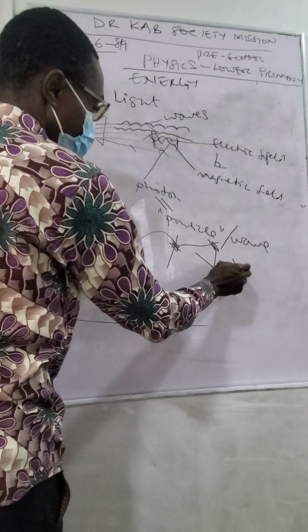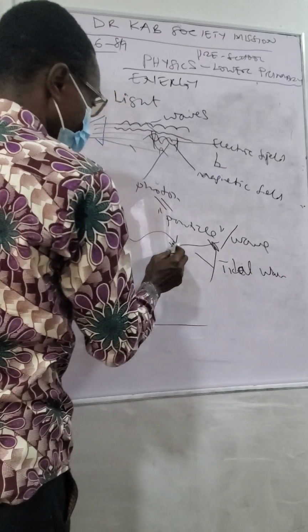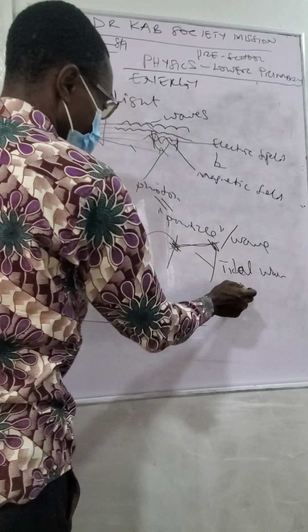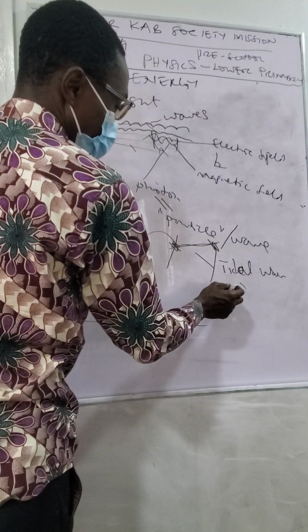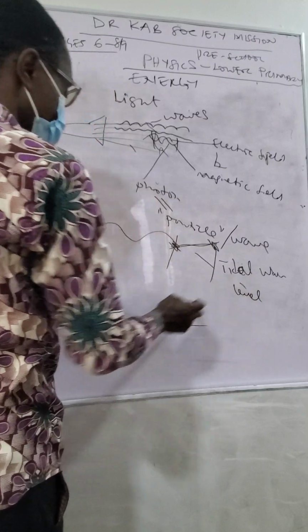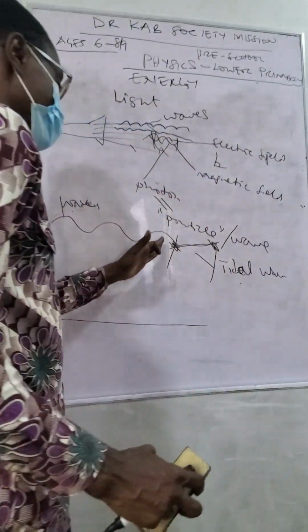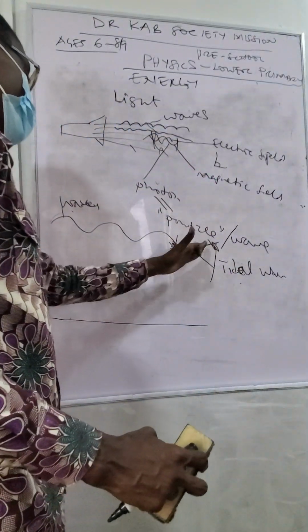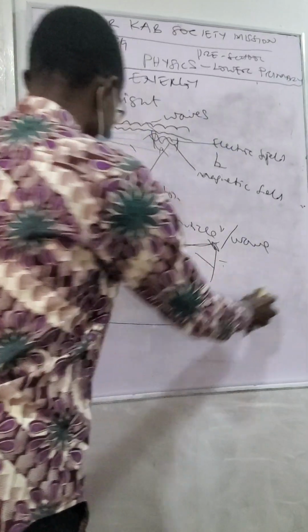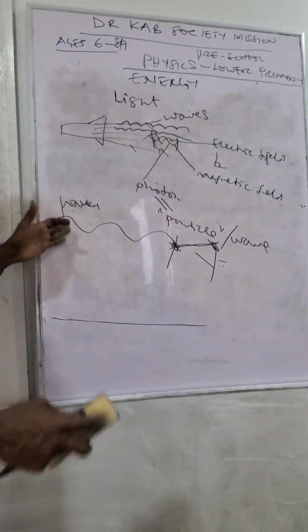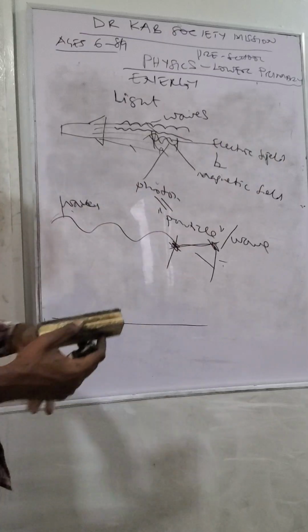The tidal waves are there, but the tide refers to the level of the sea. The individual movement is the wave, while the level difference is the tide.